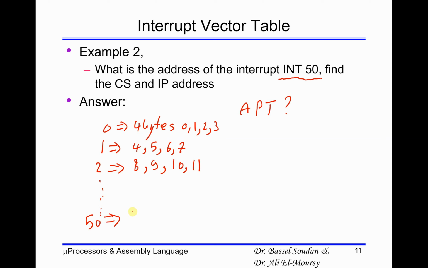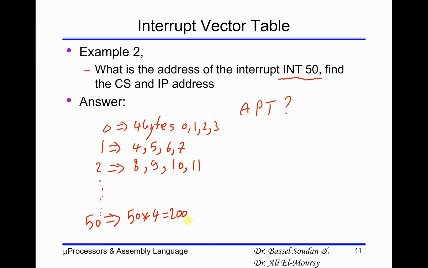I can deduce a relationship here: the number of the interrupt multiplied by 4 gives me the starting address. So 50 multiplied by 4 is 200.